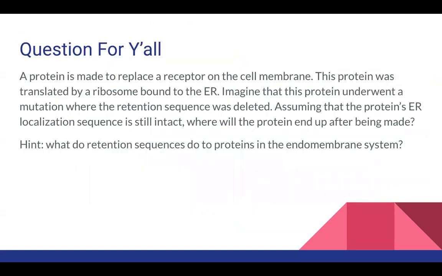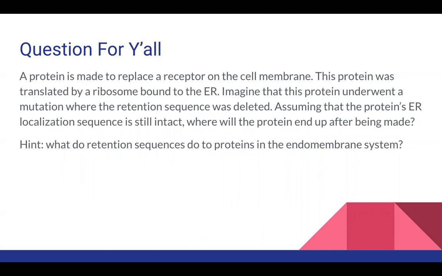And a question for you guys: if a protein is made to replace a receptor on the cell membrane, and this protein was translated by a ribosome that's bound to the ER, and imagine that this protein underwent some sort of mutation where the retention sequence was deleted. Assuming that the protein's ER localization sequence is still intact, where will the protein end up after it's made?